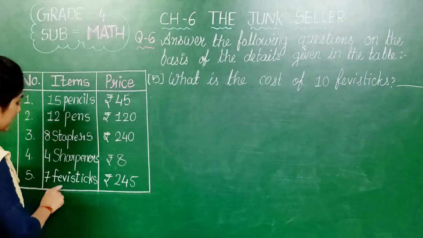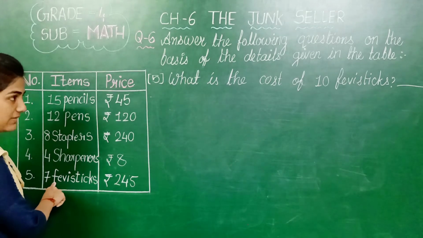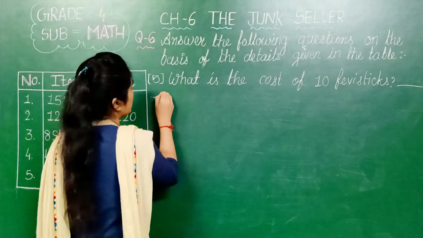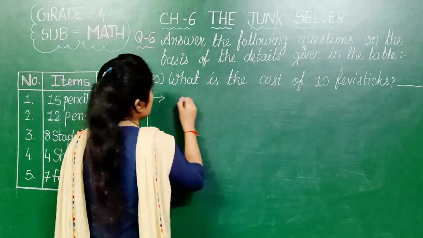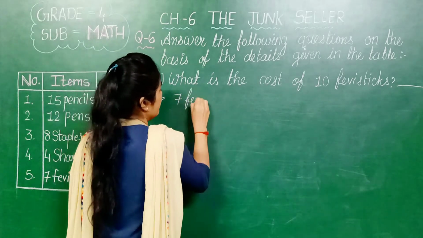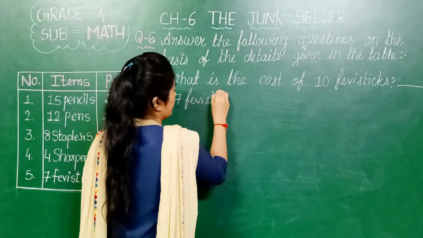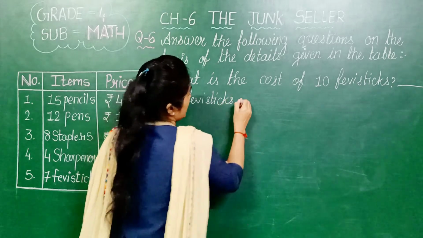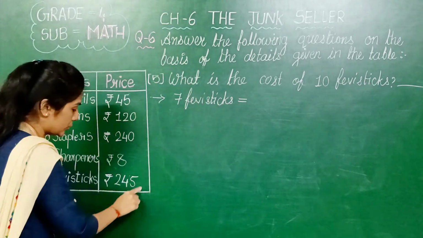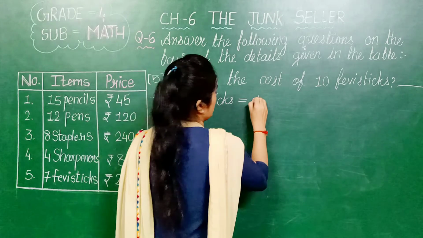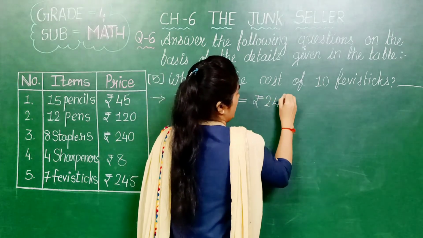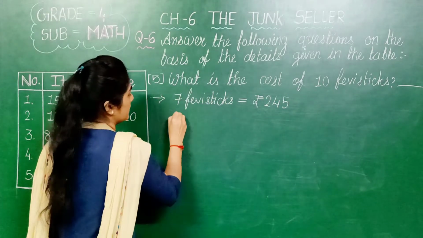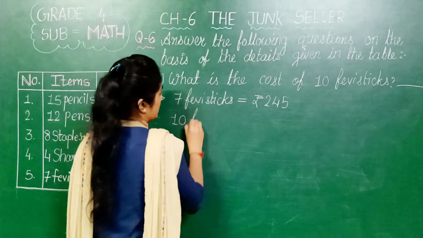So in the table we have the cost for 7 fabric sticks, and we have to find the cost for 10 fabric sticks. So the cost of 7 fabric sticks is rupees 245, and the cost for 10 fabric sticks we have to find.